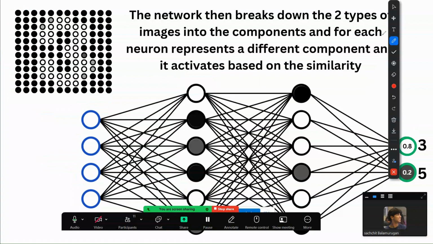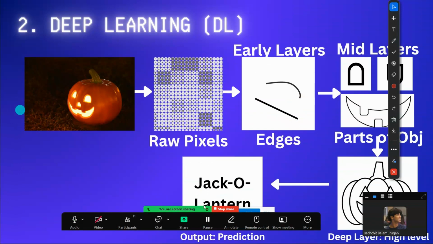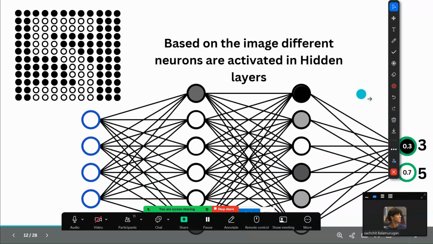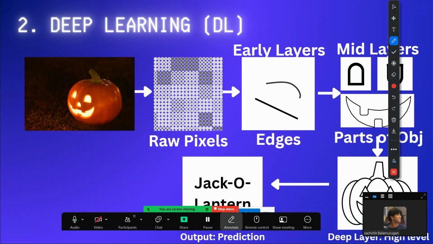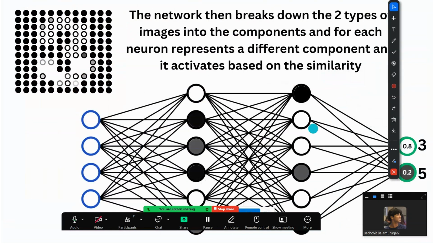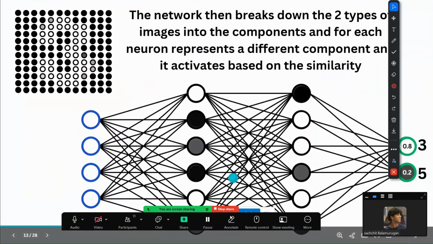Let me go back a slide so it's easier to understand. So what it does is it breaks down these components. Right here we have a jack-o'-lantern image. It first converts it into its pixels, right? Those are the neurons. It's creating the neurons. And then in its early layers, a layer is basically these different columns of neurons.